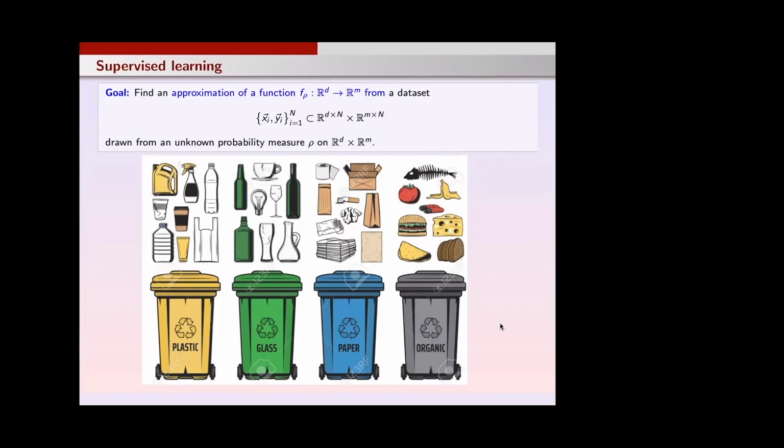So whenever something new is coming, the robot has to decide in real time: this bottle is plastic, goes to yellow, but the next bottle is glass and it has to go to green, but the next box is paper and then it has to go to blue and so on. So you need to automatize the process.